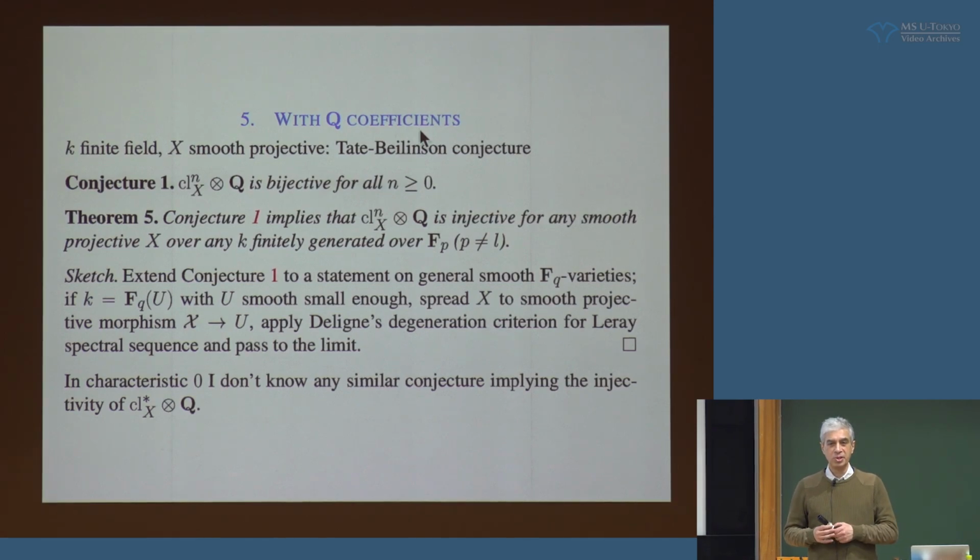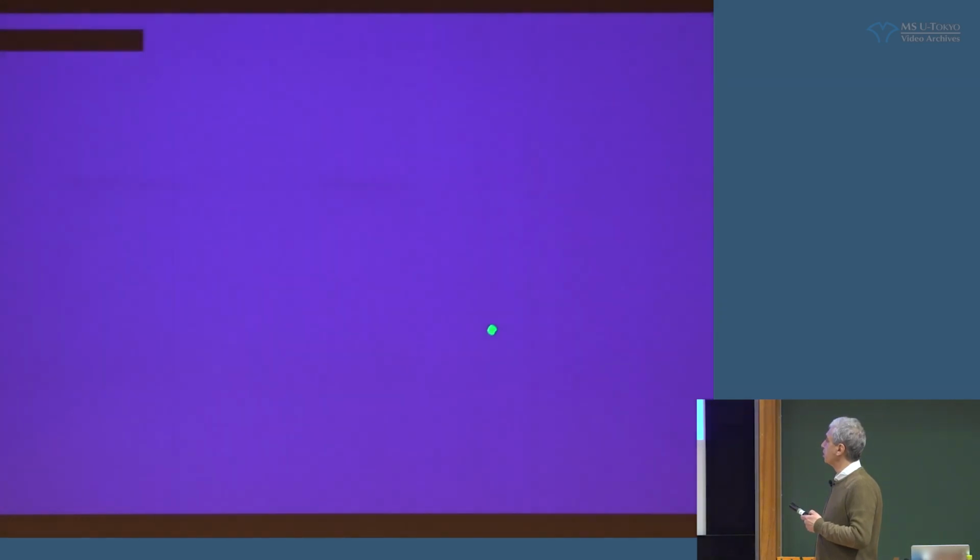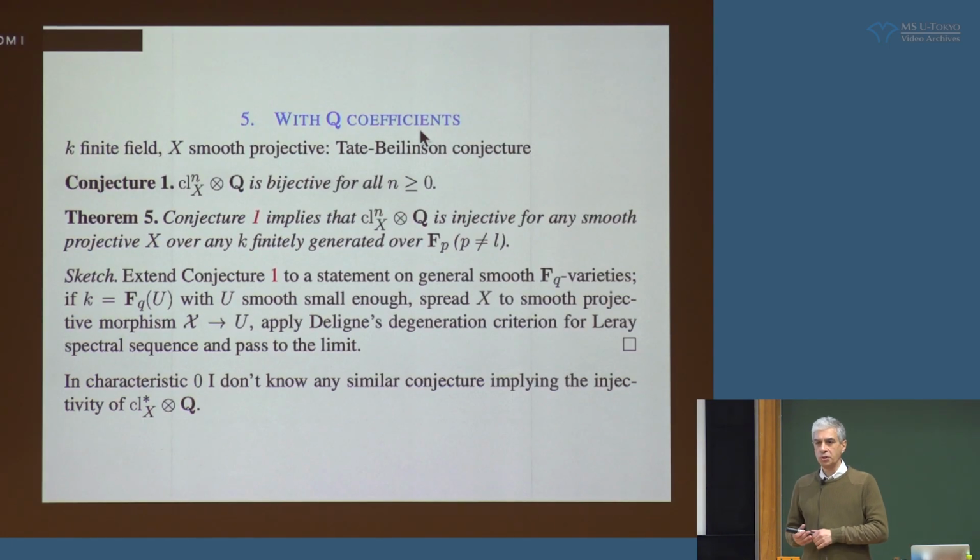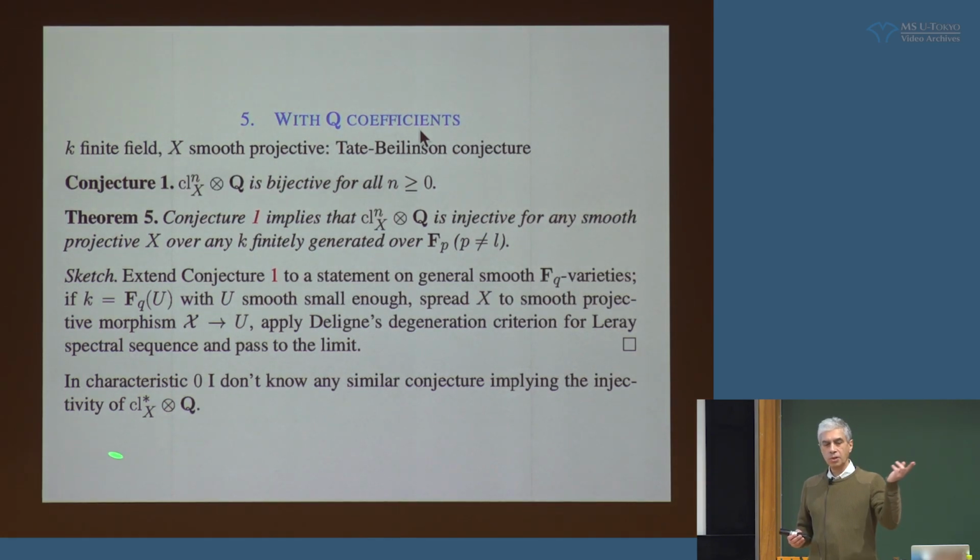And then one nice property of continuous étale cohomology, I talked of functoriality, is that you have Leray spectral sequences. Then you look at the Leray spectral sequence corresponding to this morphism, and since this is a smooth projective morphism, there's a degeneration criterion for this Leray spectral sequence, which is like hard Lefschetz basically.